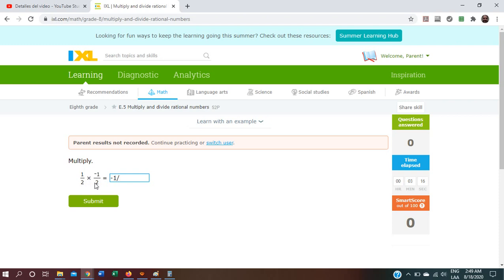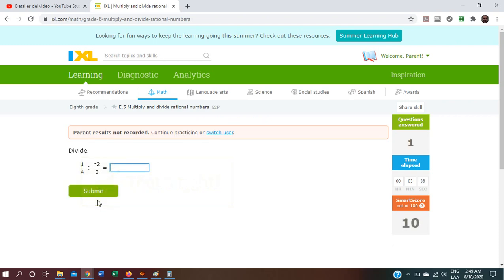And now 2 times 2 equals 4. So this is the correct answer. Remember, the number above times the number above, the number below times the number below. Numerator times numerator, denominator times denominator. So we submit our answer and that's it.